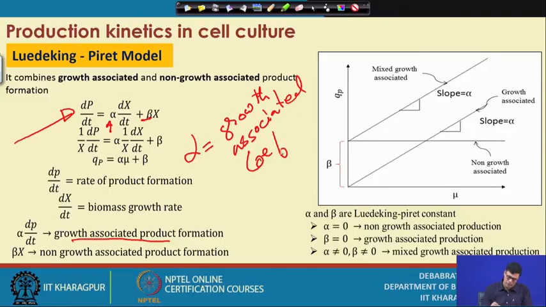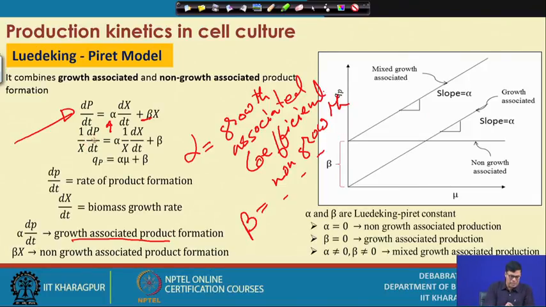Am I right? Now, if you divide by x, then it will be the specific product formation rate equal to alpha into the specific growth rate of the cell plus beta. So, in short form, qp equal to alpha mu plus beta.